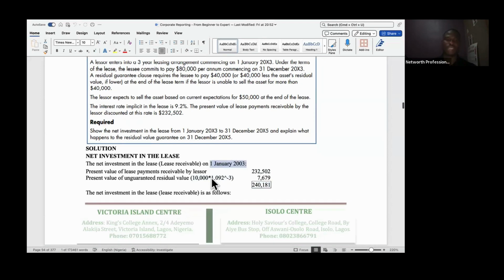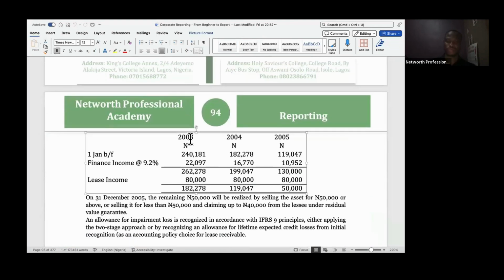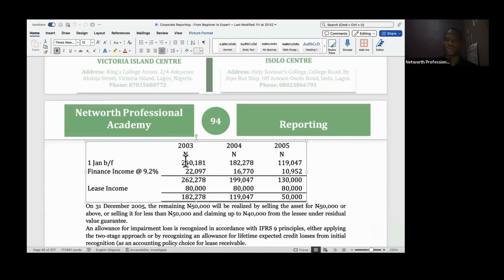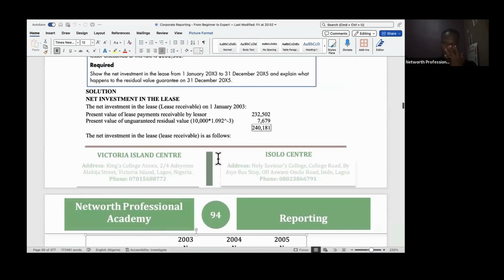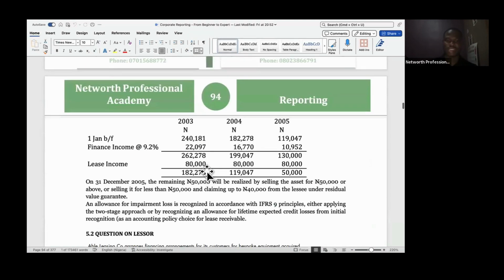Now, what happens at the end of the year? So, in 2003, at the beginning, we got 240,181 from here, what we got from here. Since the lease rental or lease income is paid at the end of every year, that means we're going to add the finance income first, which is 9.2% of 240,181.